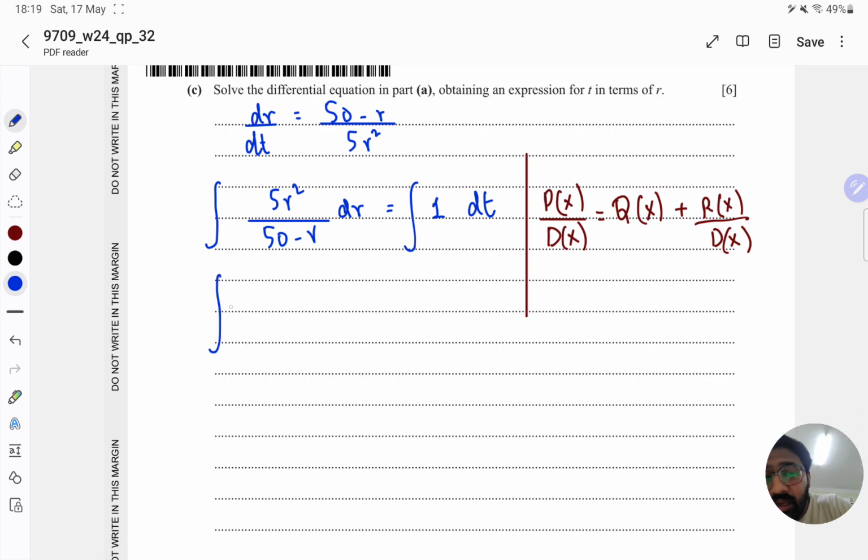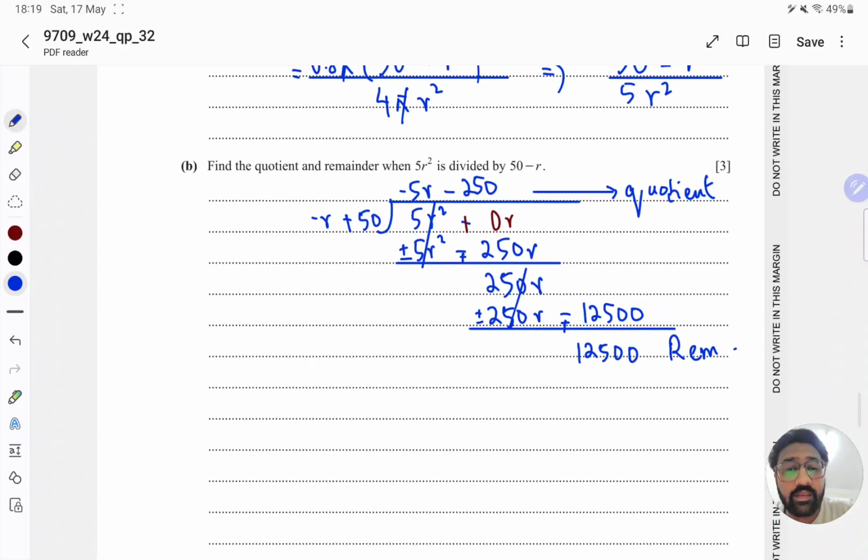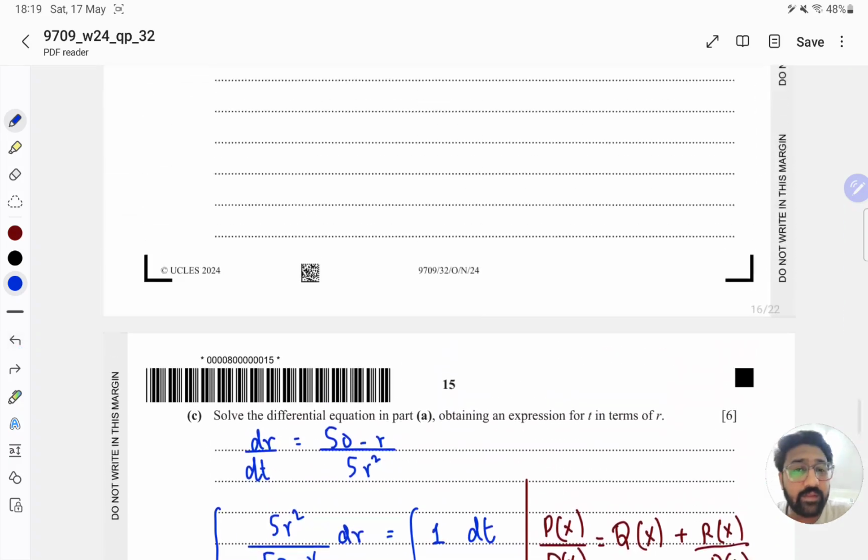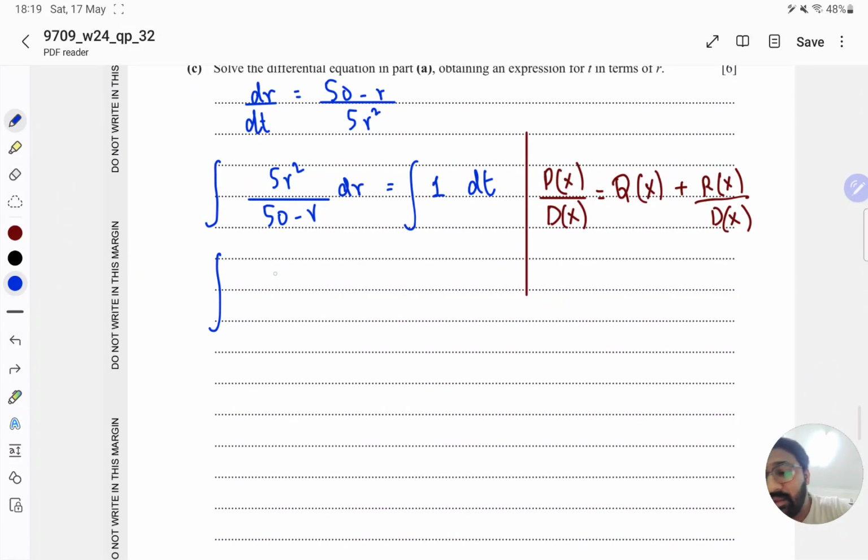Integration of 5r squared over 50 minus r: the quotient is minus 5r minus 250, plus the remainder 12500 divided by the divisor, 50 minus r, dr, equals the integration of 1 dt.